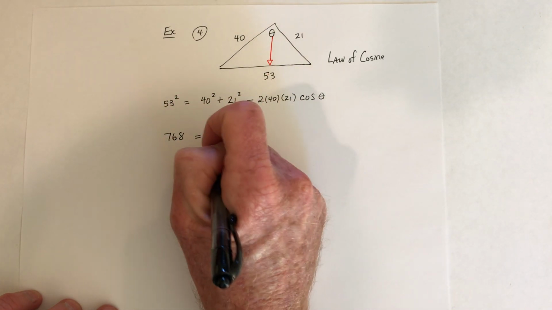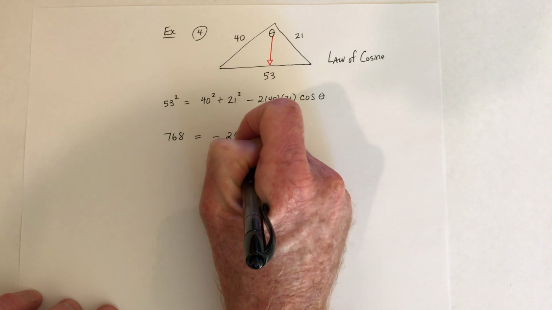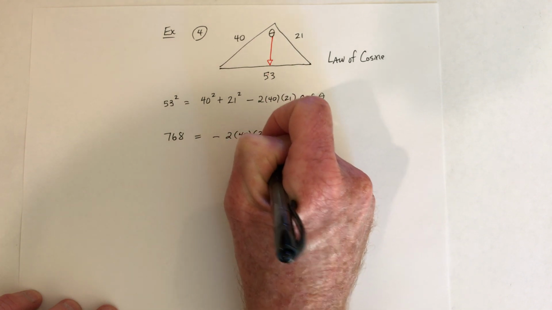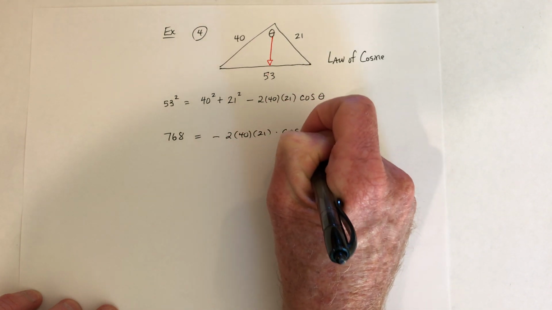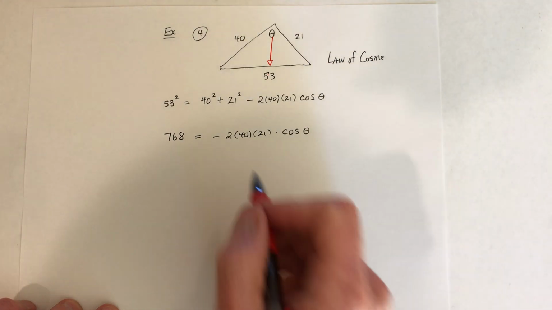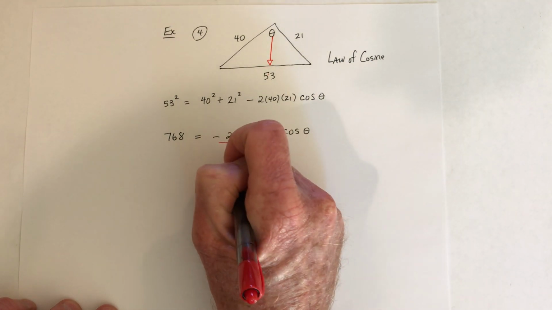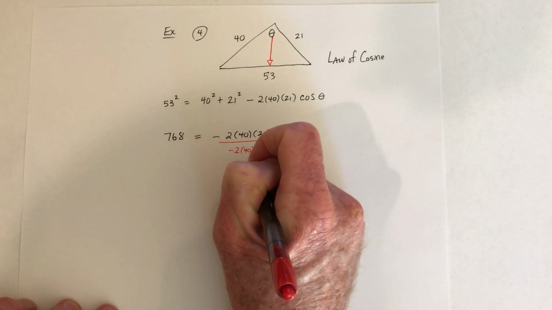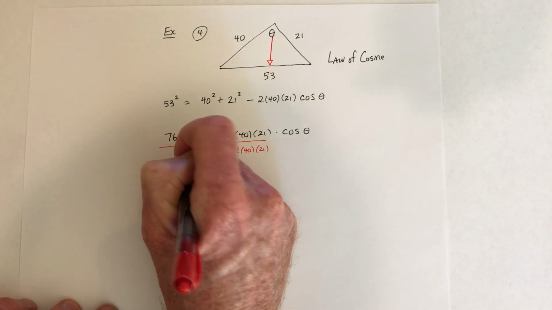And then for this part, I'm just going to leave it like this. And then I'm going to divide both sides by this in order to isolate the cosine.